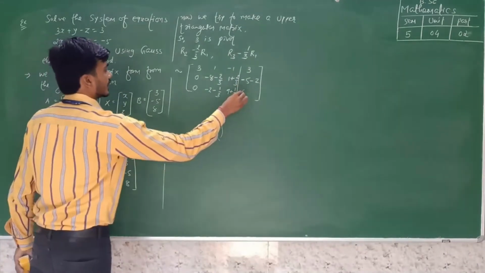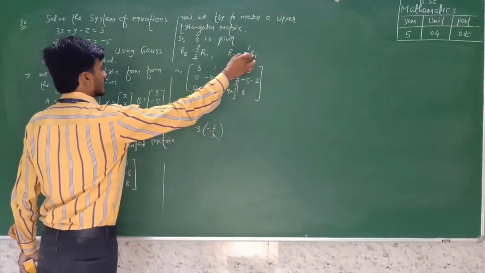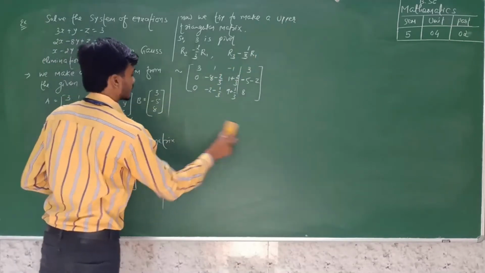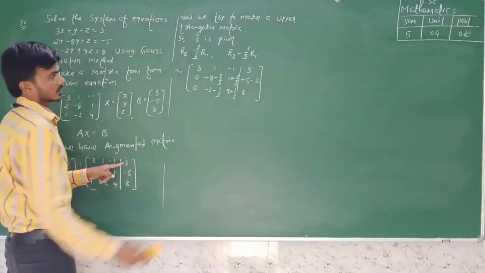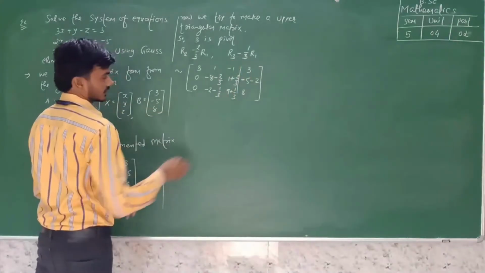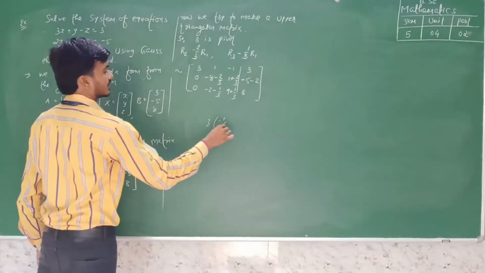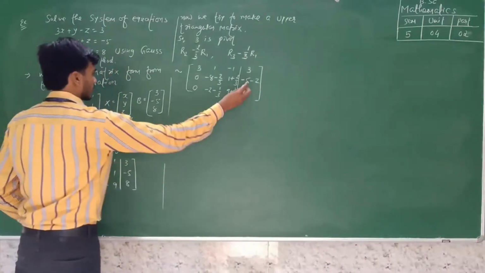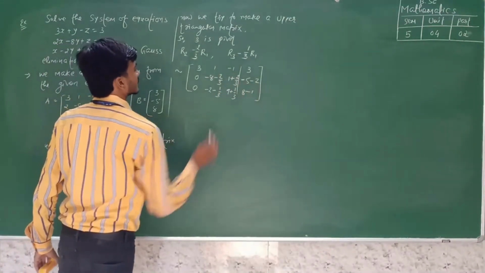Here 8, and third row, R1, that means the first row, 3 into minus 1 by 3, 3 cancel, minus 1 will be added into the third row.